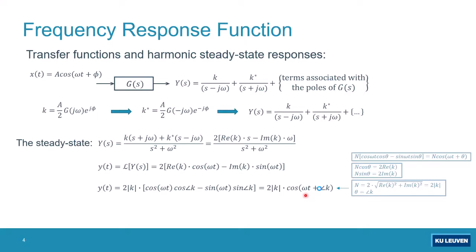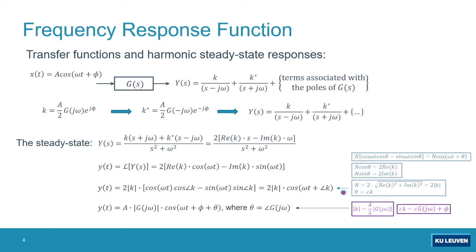And then I know k is equal to this, so the magnitude of k is equal to a over 2 times the magnitude of g j omega. Well, the angle of k is equal to angle of g j omega plus phi, right? So I can again rewrite this steady state response. It will look like this at the end.